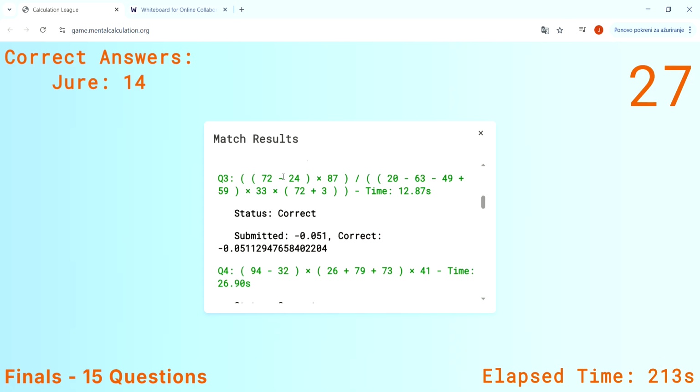So this one, how did I do this one? I did 20 plus 59 is 79, minus 49 is 30, and 30 minus 63 is minus 33. So we have minus 33 and we have 48.